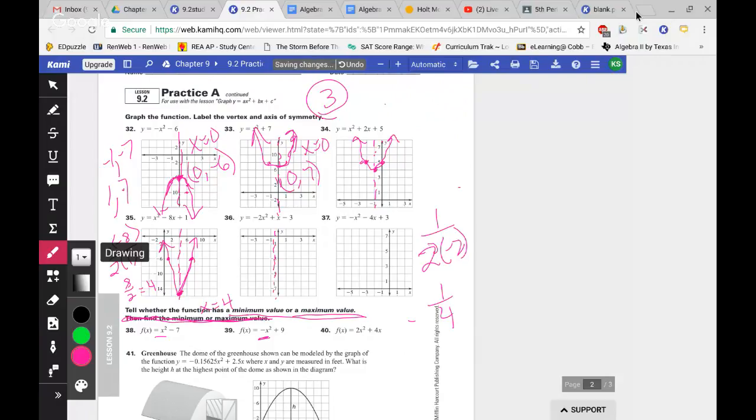Okay. And then you plug in the 1/4. So 1/4 squared is, yay, 1/16. Negative 2 times 1/16 plus 1/4 minus 3.